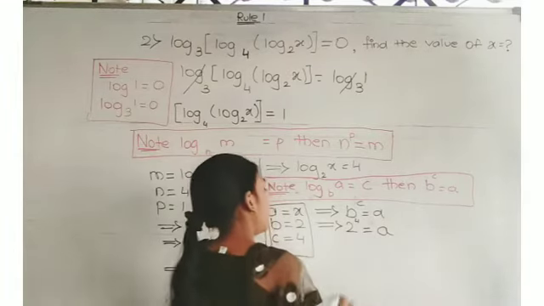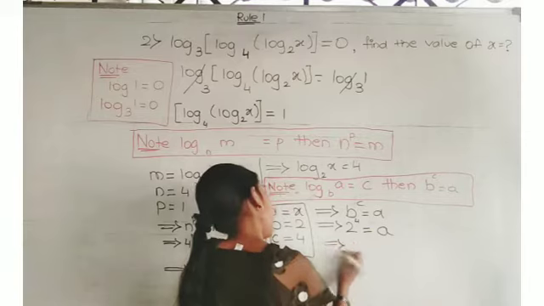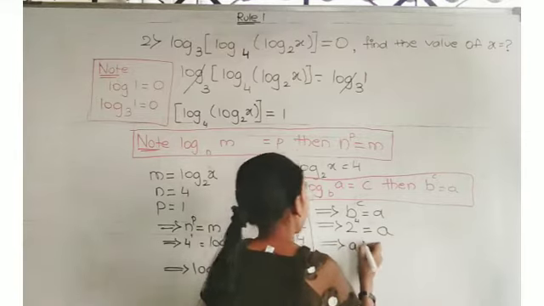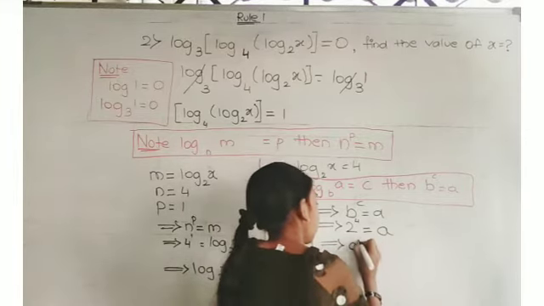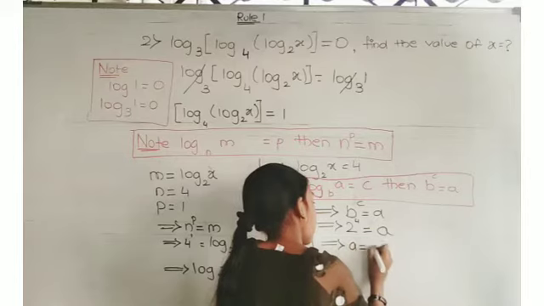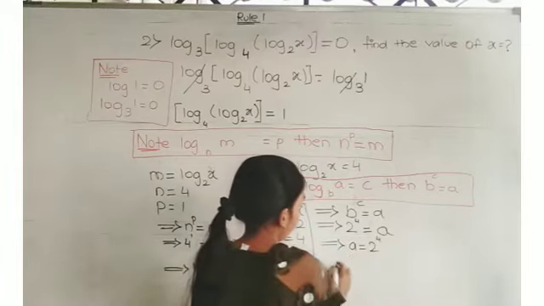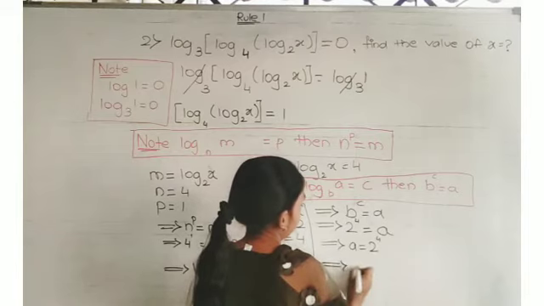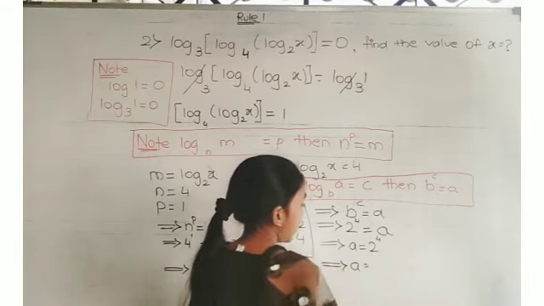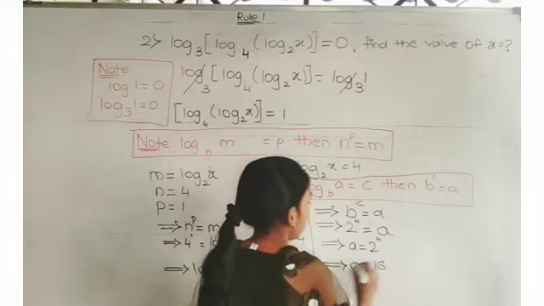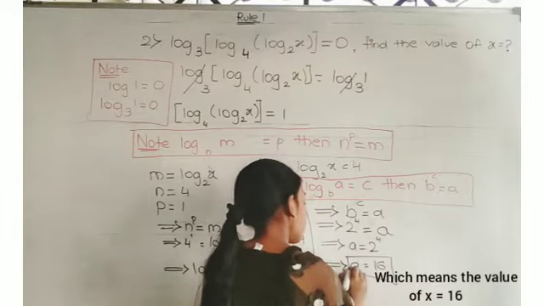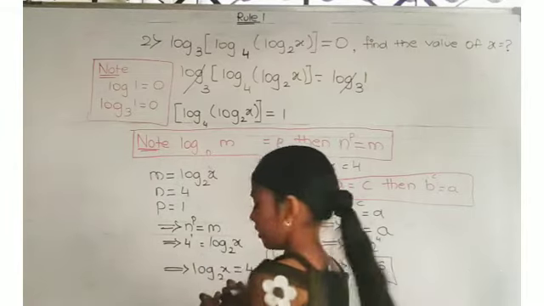Now we are going to write it into the simple form. Now when we solve this, we get a is equal to 16. So the value of a is 16.